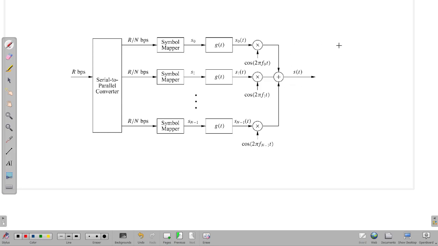You can use the same diagram for overlapping subcarriers also. The only thing is that the frequencies are now shifted. We have adjusted them in such a way that the separation between the frequencies is 1 divided by T and the subcarriers are overlapping.